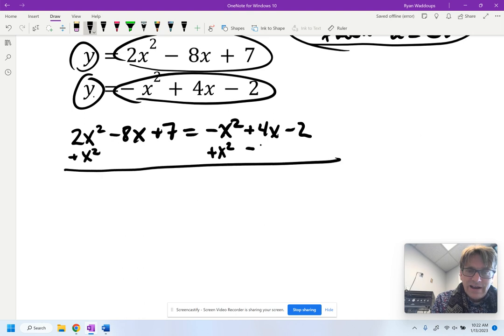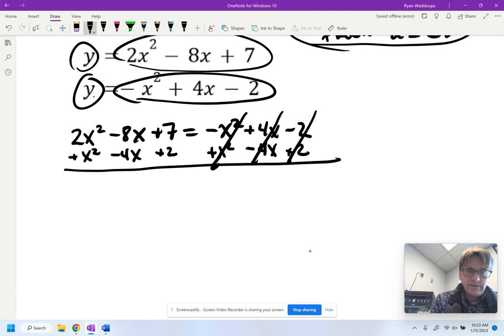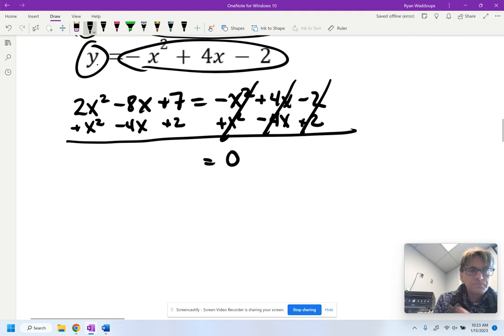I'm going to subtract 4x, subtract 4x, getting everything off the right-hand side. I'm going to add 2 and add 2. So these cancel, and I'm left with 0 on the right-hand side. That's what we need to have it in standard form.